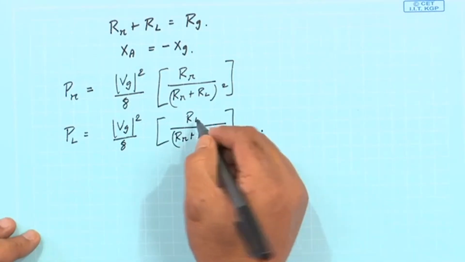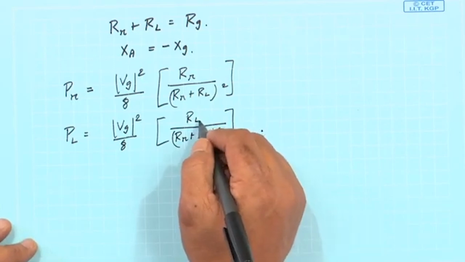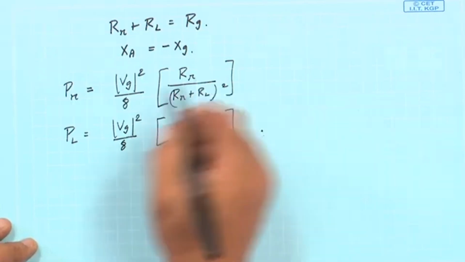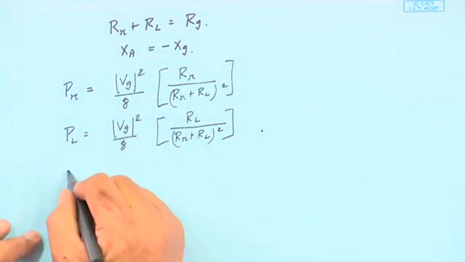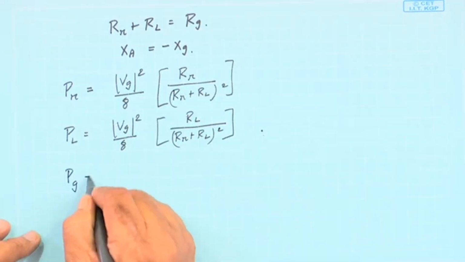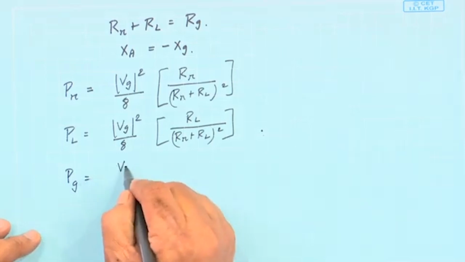As I said, usually for microwave antennas this R L is much less than R r. So, most of the power is being radiated, obviously some loss is there, and what is power dissipated in the generator?